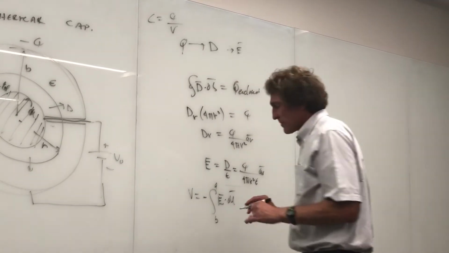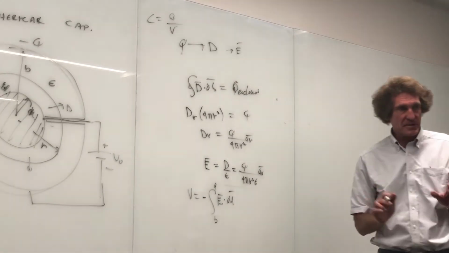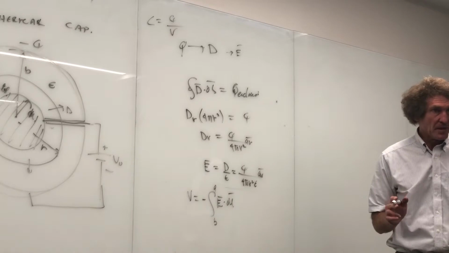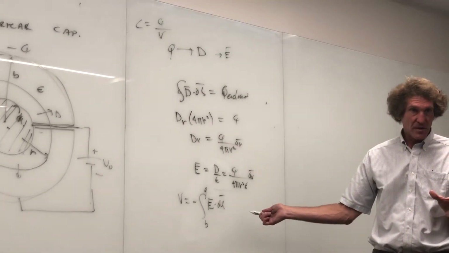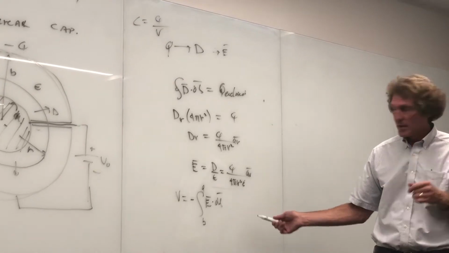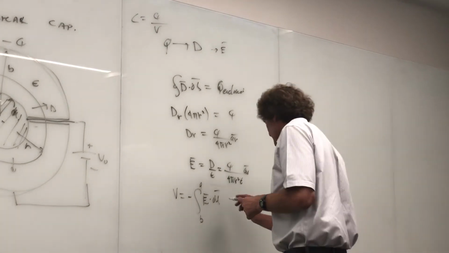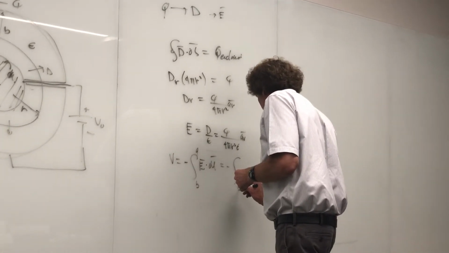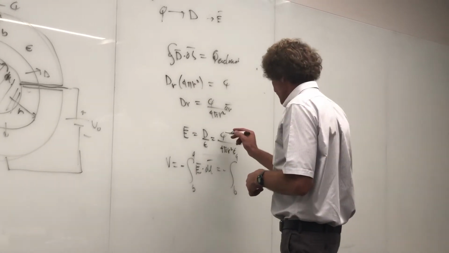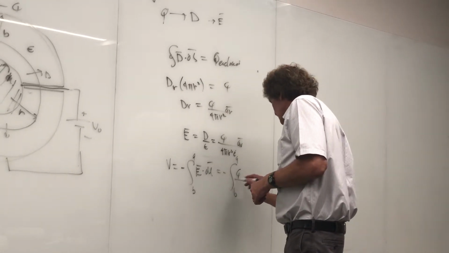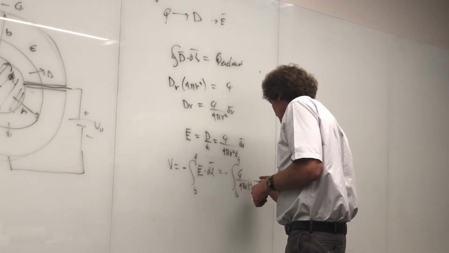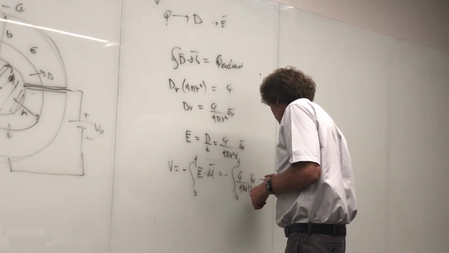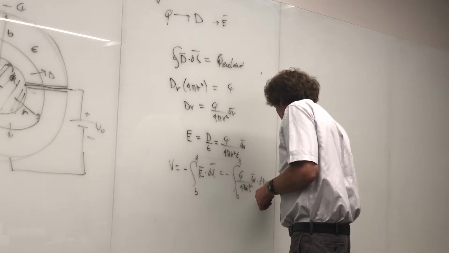I want to make sure you understand that the capacitance is strictly positive. So if you get a negative quantity, just take the magnitude. All right, what is this going to be? That's equal to minus the integral from B to A of the E field, which is this, of Q over 4 pi epsilon r squared AR dot dr AR.